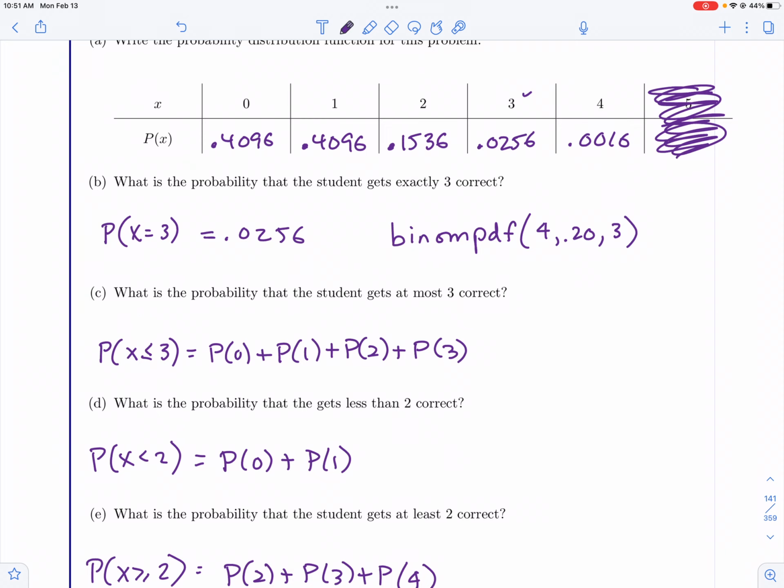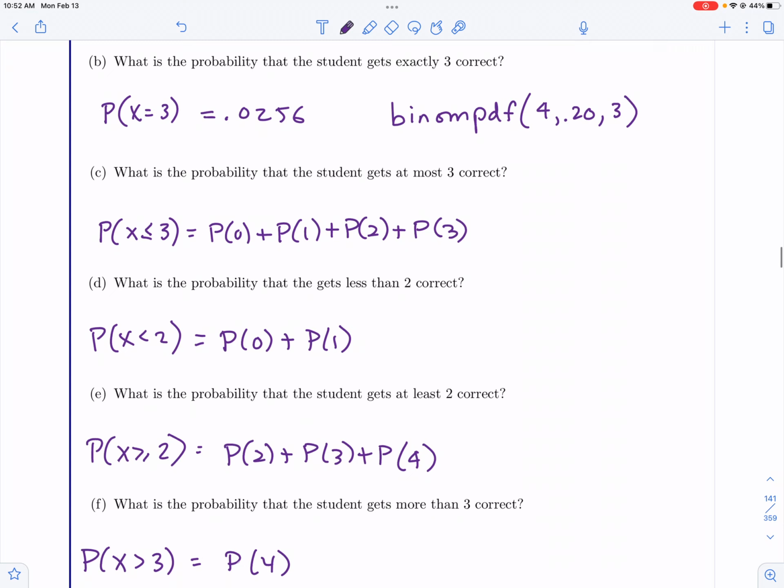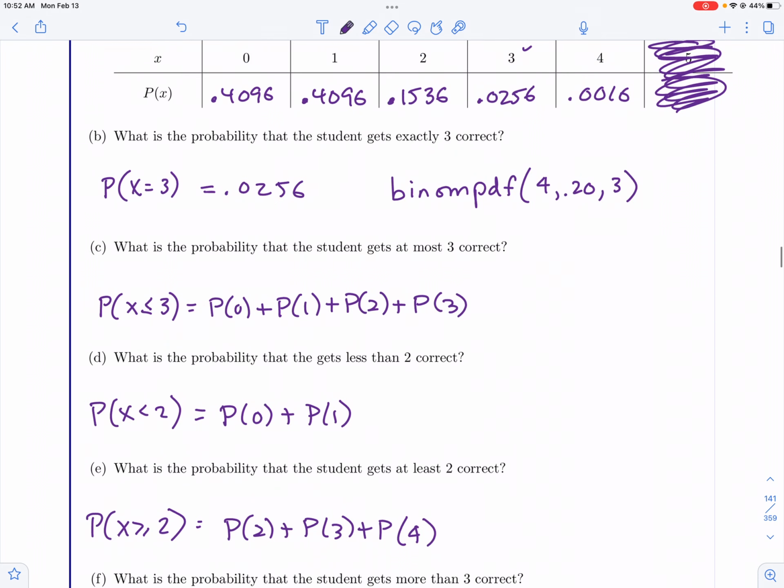All right, so all the rest of them are going to add them up for us, because all the rest of them are going to require us to use CDF in this case. And so with this one, this is the ideal way that binomial CDF works, because it starts with 0 and it counts up to where you want to stop.